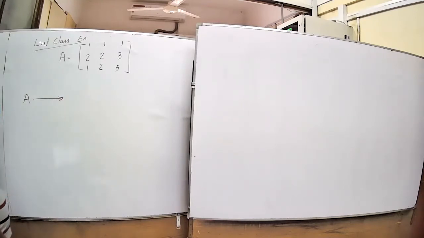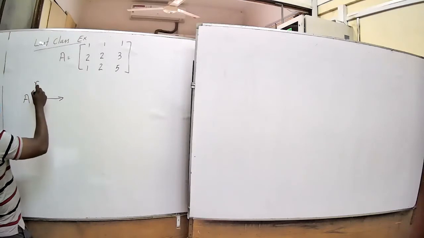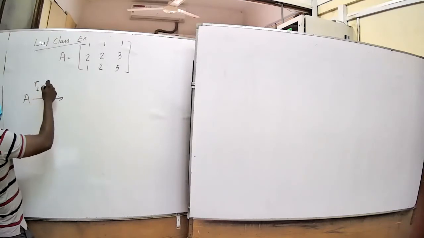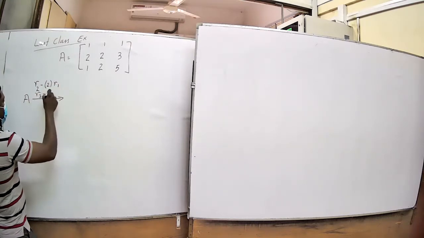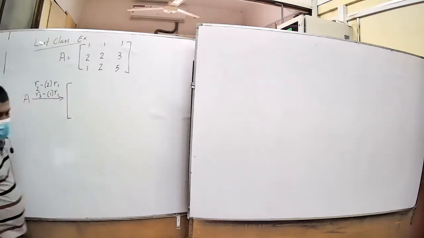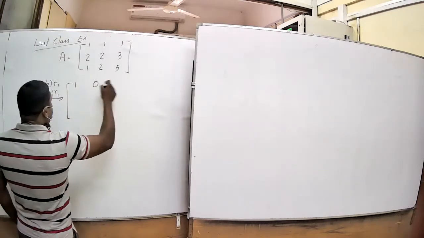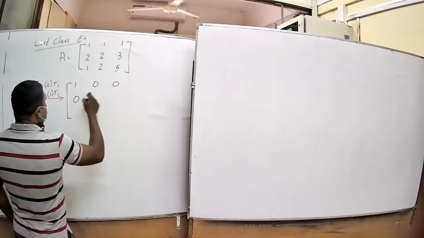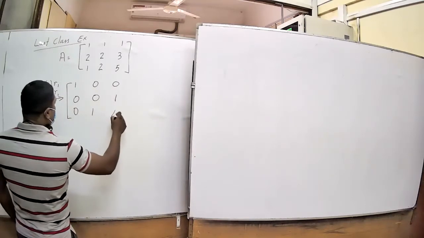So you transform A with these row operations: R2 minus 2 times R1 and R3 minus 1 times R1. When you do this, you get 1, 1, 1, 0, 0, 1, 0, 1, 4.